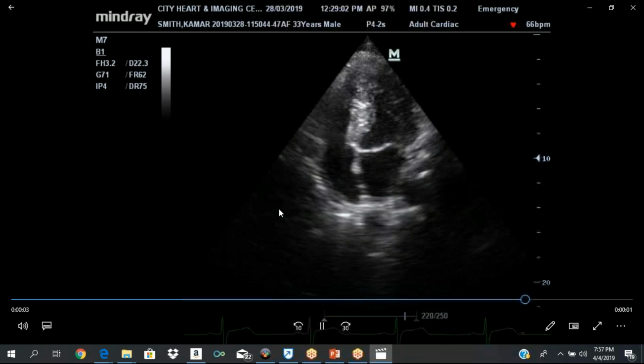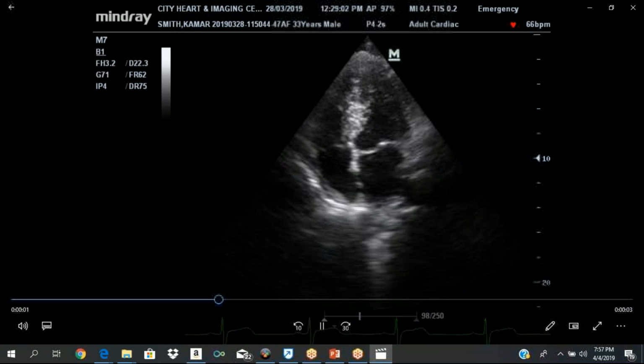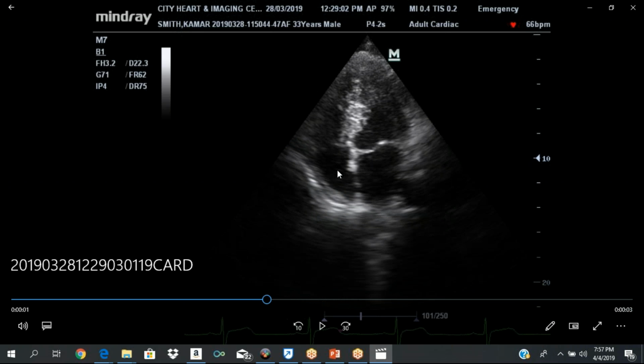Okay. If you look, you can see that the tricuspid valve, which is over here, is a little lower in the ventricle than the mitral valve. So look again. The tricuspid valve is a little lower in the ventricle than the mitral valve. So the tricuspid valve is right there. This is the mitral valve.